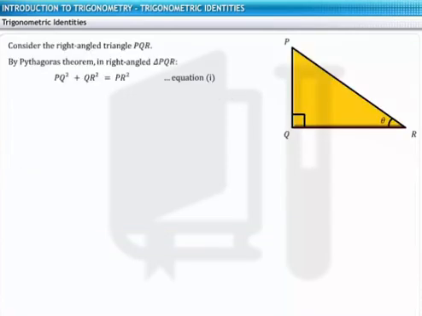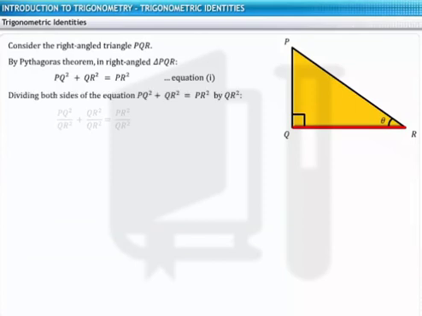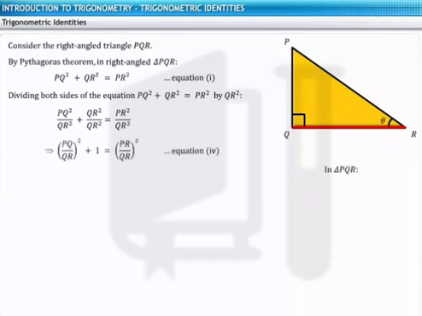Now, consider side QR, the adjacent side for angle theta. Let us divide both sides of equation 1 by QR square to get equation 4. Now, in triangle PQR, the ratio PQ upon QR is equal to tan theta, and the ratio PR upon QR is equal to sec theta.